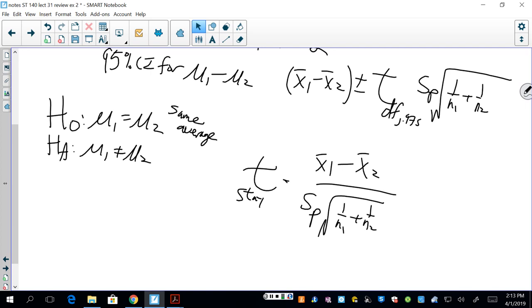And you compare that to the t distribution with certain degrees of freedom. Degrees of freedom are N1 plus N2 minus 2. And so if it's big, bigger than the 0.975 cutoff value, you're going to reject the null hypothesis.